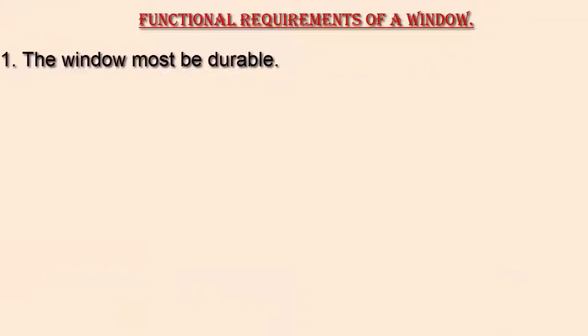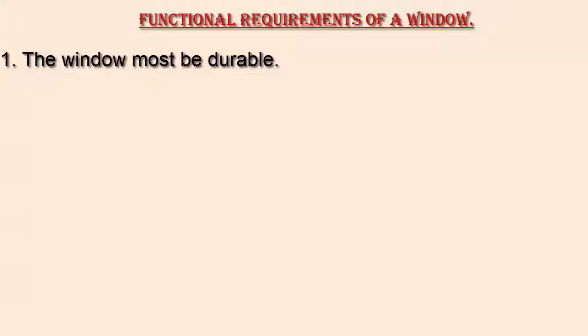One, for every window to serve its purpose, the window must have what is called durability. What is durability? It means the material and the construction process should be strong enough that the window will stay for a longer period of time before replacement. That is what is called durability.